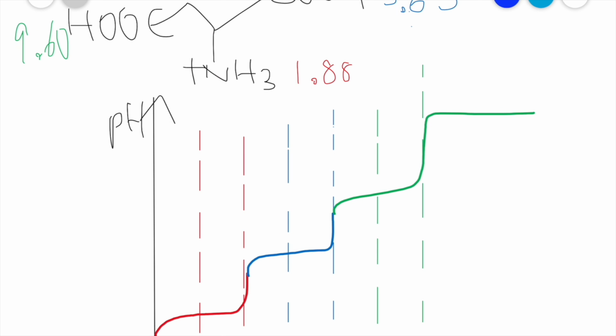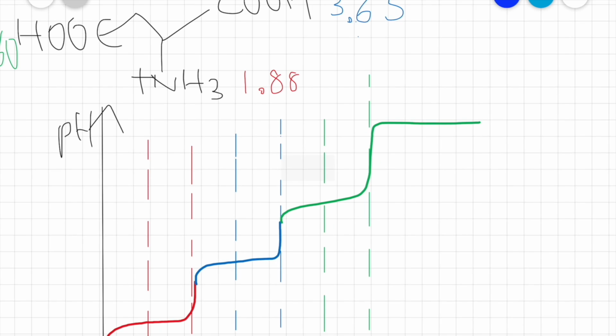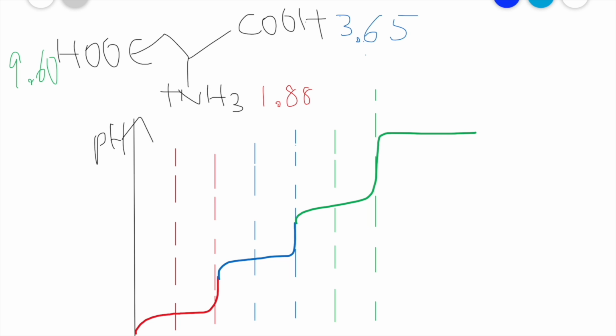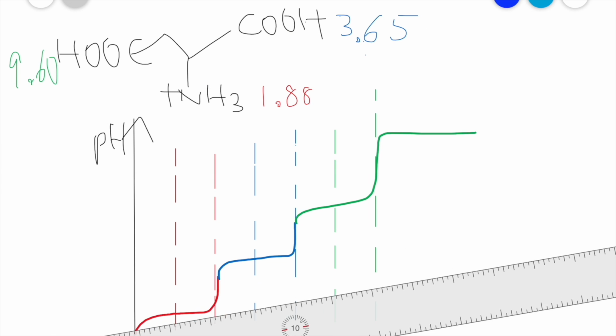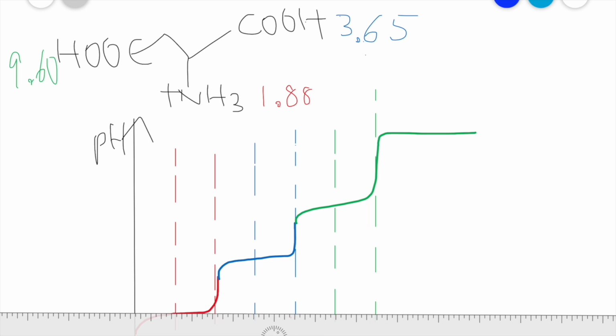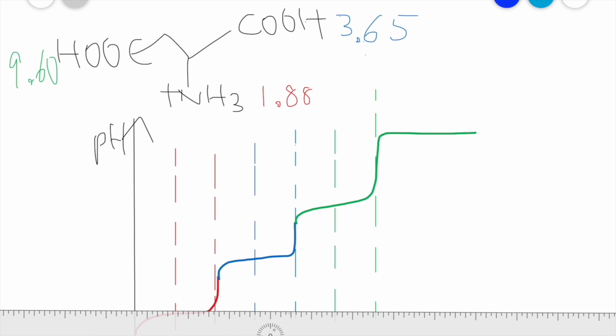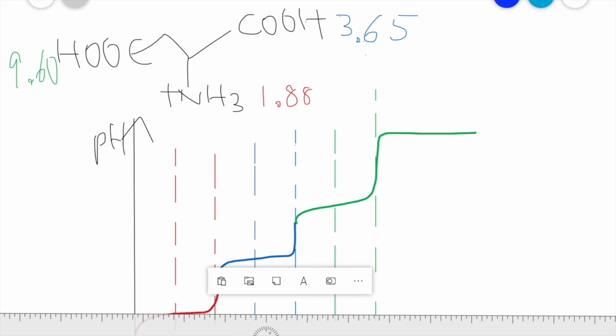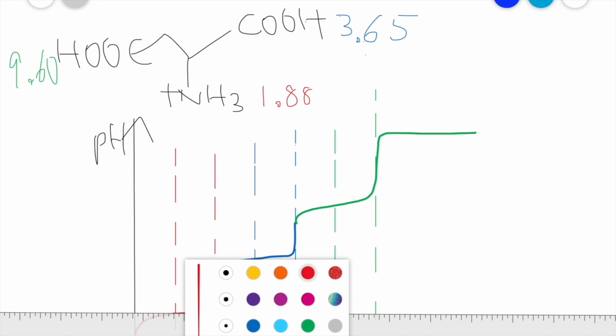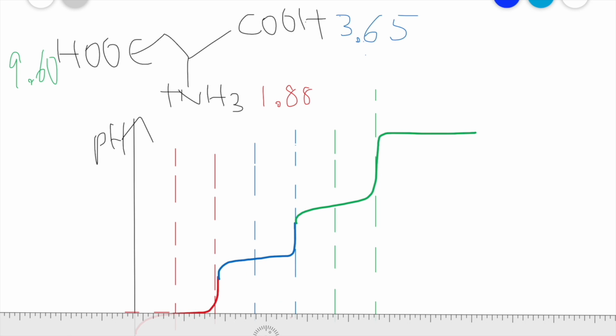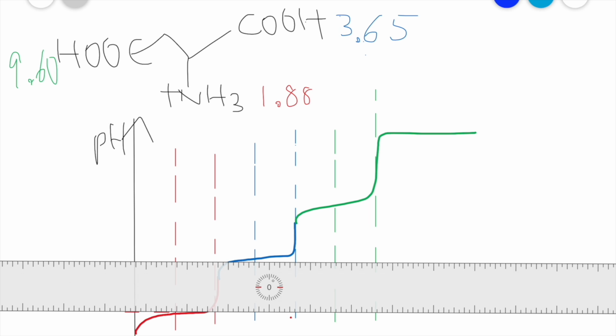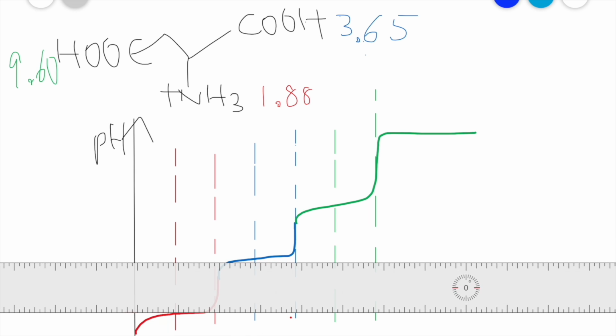You see? Yep. And so now the last thing that we need to do is just to label the important pKa values, really. Oh, my ruler is gone. How unfortunate. Whatever, I don't care. So that is my first pKa value.